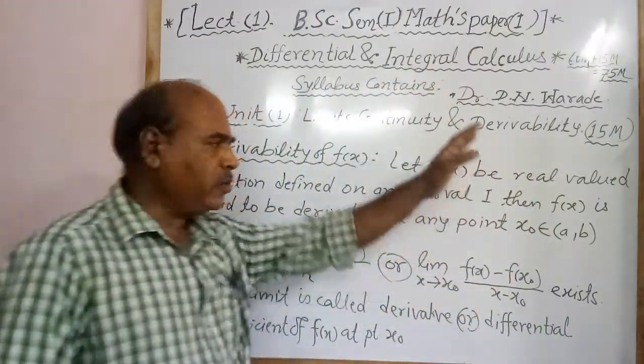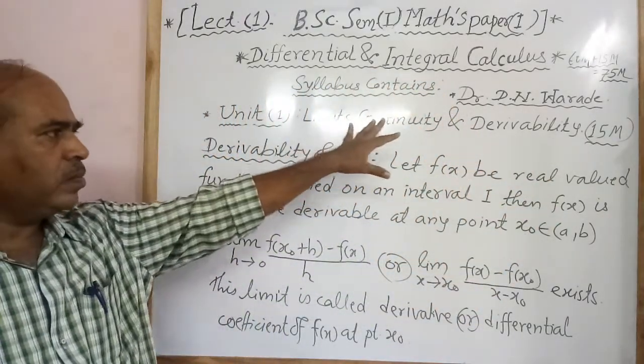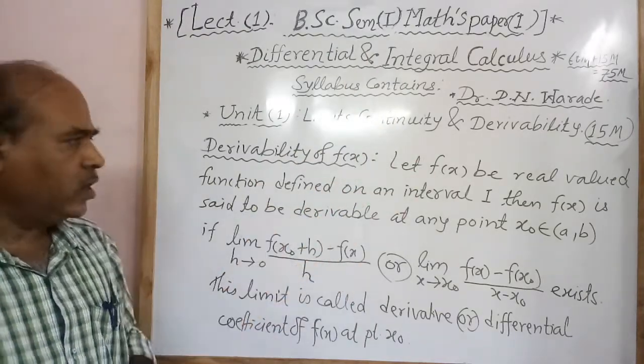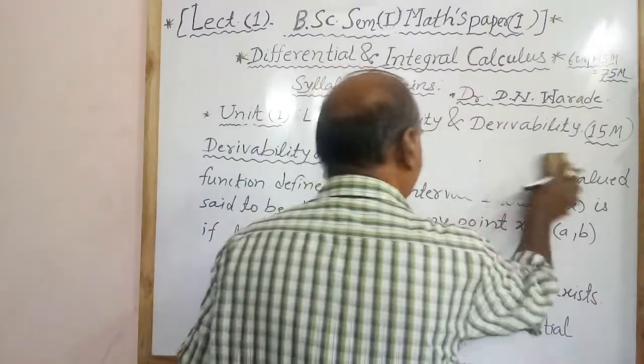And you know the derivative is denoted by f dash of x0, or it is also denoted by df by dx at the point x0.